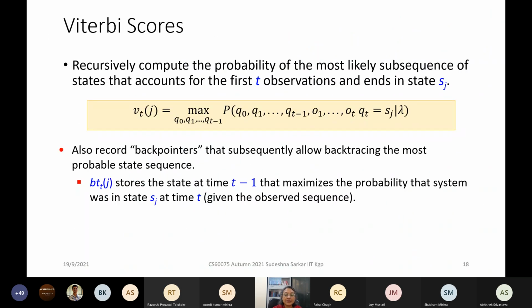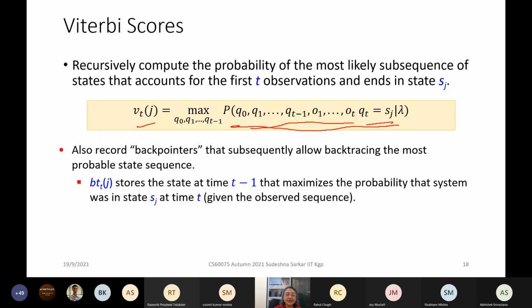So this algorithm is called the Viterbi algorithm. So what we are trying to do is that we find out this probability. This is for a particular column T. We find out the probability of the previous tag sequence and observation sequences given that Qt equals Sj.